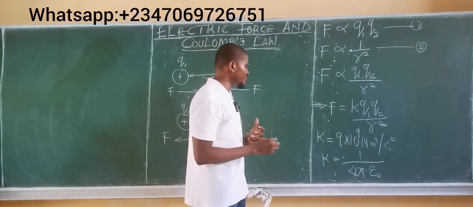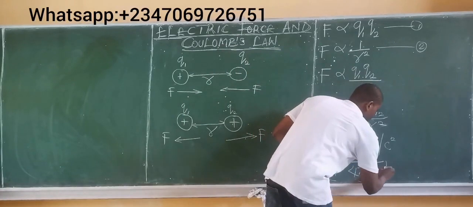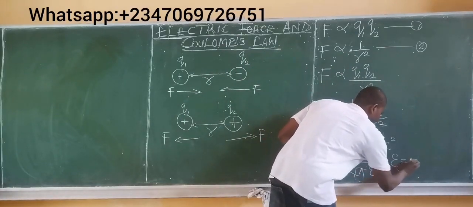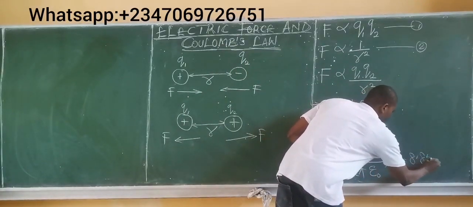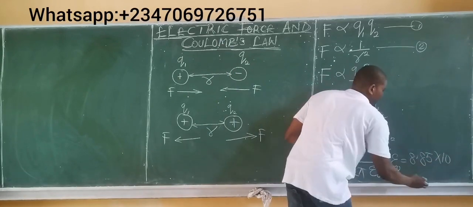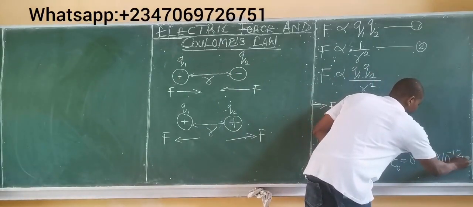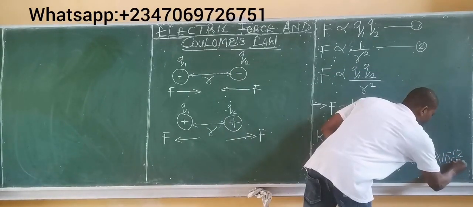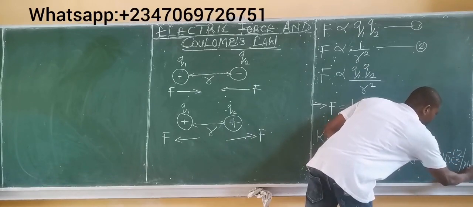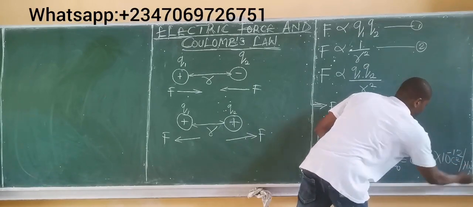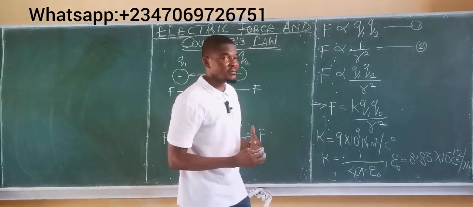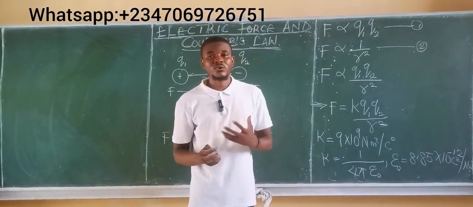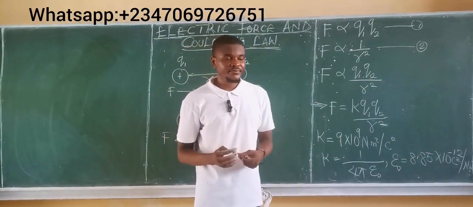Epsilon naught has a value of 8.85 times 10 to the power of negative 12 coulomb squared per newton meter squared. That's the value of the permittivity of free space, also called epsilon naught.